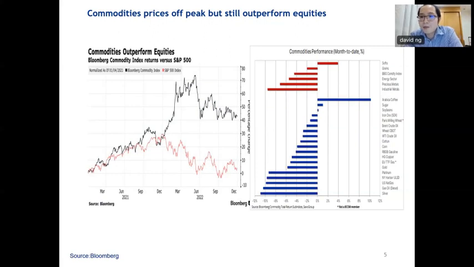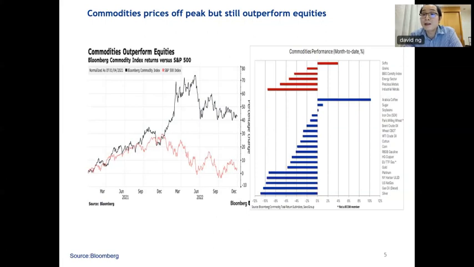So touching a bit on commodities in general. I'm a very big fan of commodities. I've been trading commodities, particularly grains, and in Malaysia we obviously trade the palm oil market. Gold is also part of commodities, a precious metal. Now, commodities in general, if you compare to equities, have actually been performing well.